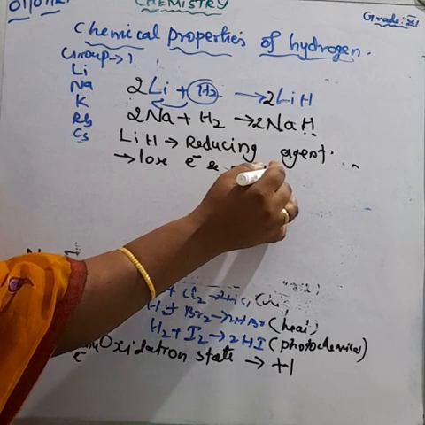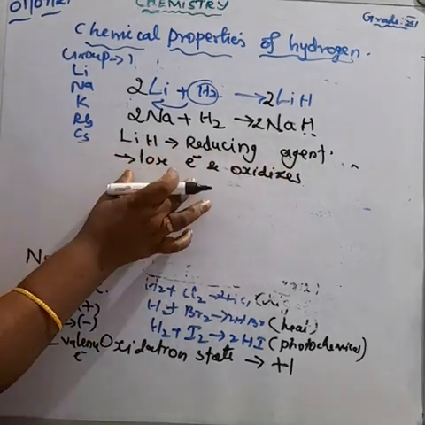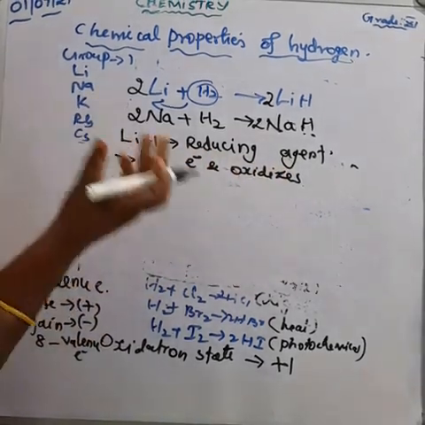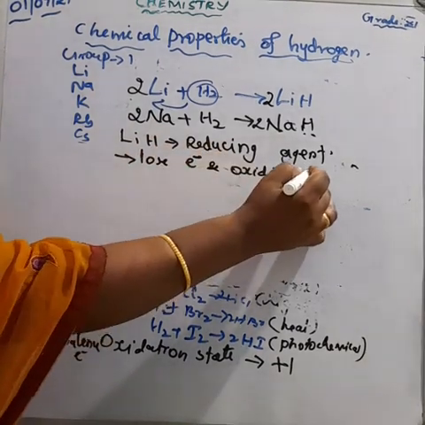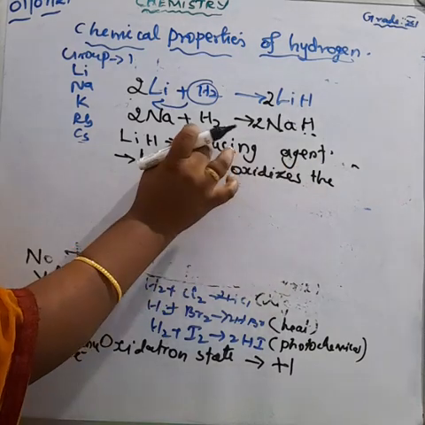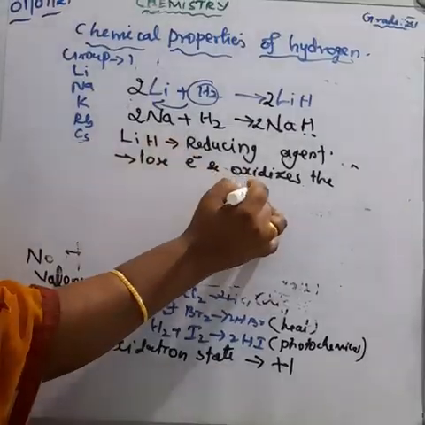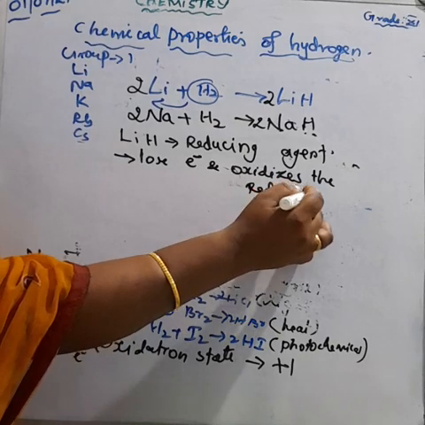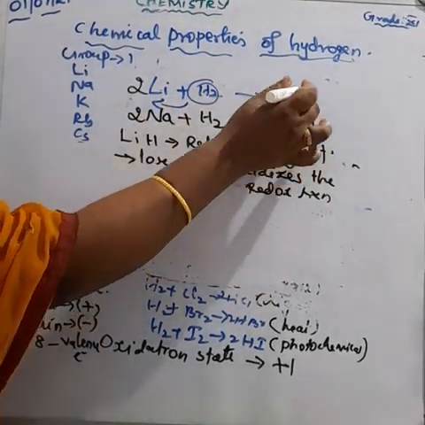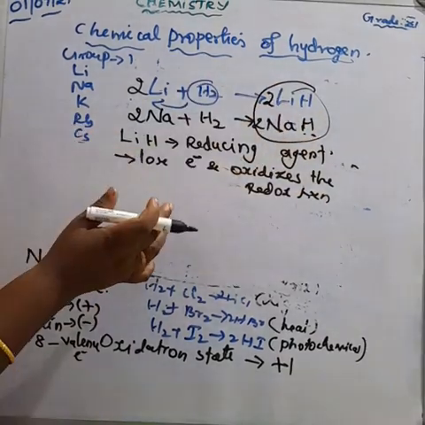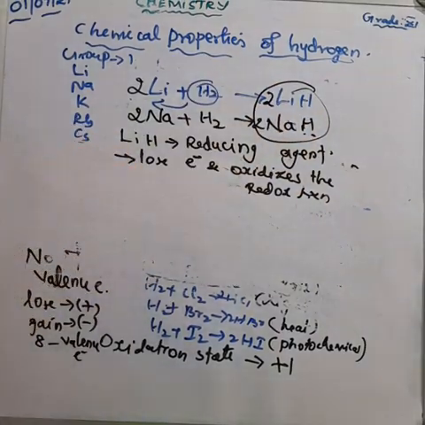The reducing agent means it can lose an electron to the electron recipient atom. That element or compound we call the reducing agent. Here lithium hydride and sodium hydride can lose electrons to other compounds or elements, so they are called reducing agents.